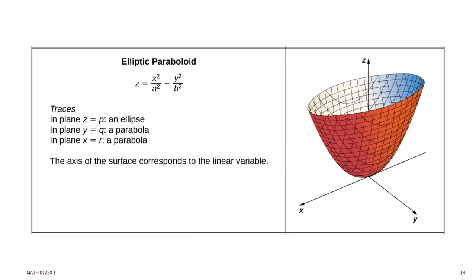Elliptic paraboloid: z equals x squared over a squared plus y squared over b squared. Its axis is the variable that has the single power.